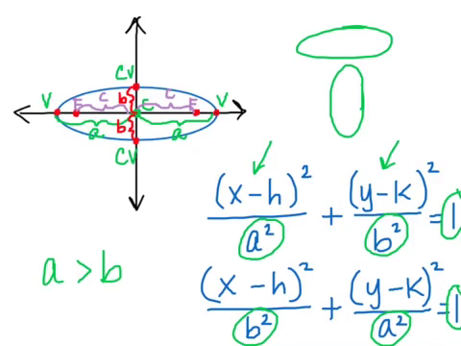And when you find the bigger number, you know that one is going to be the a squared. And then you find the smaller number, and you know that one's going to be the b squared. Then you can square root it to find out what the actual a is and the actual b is.